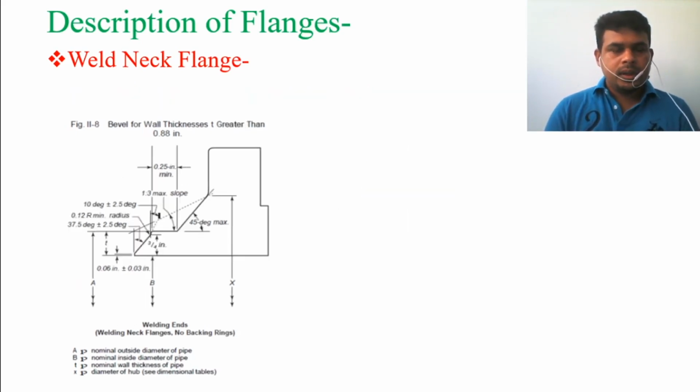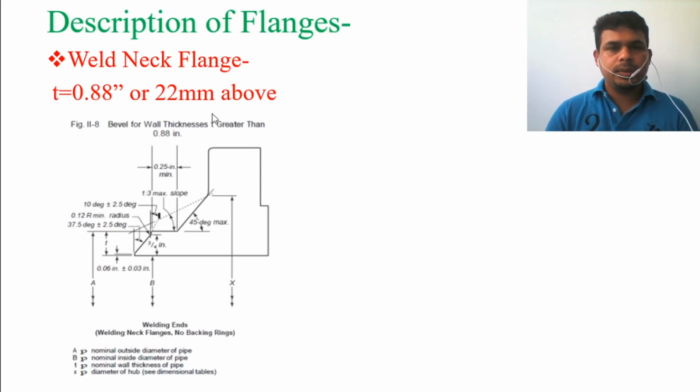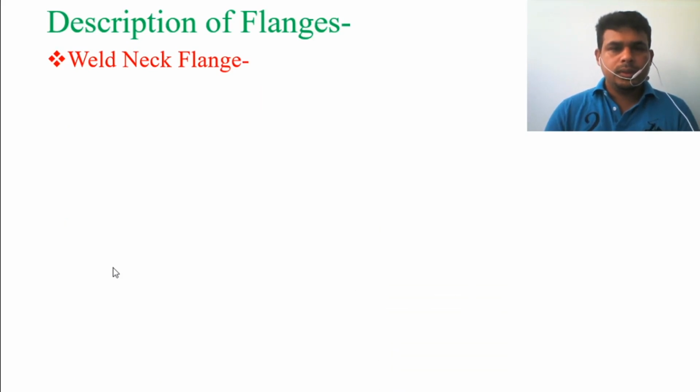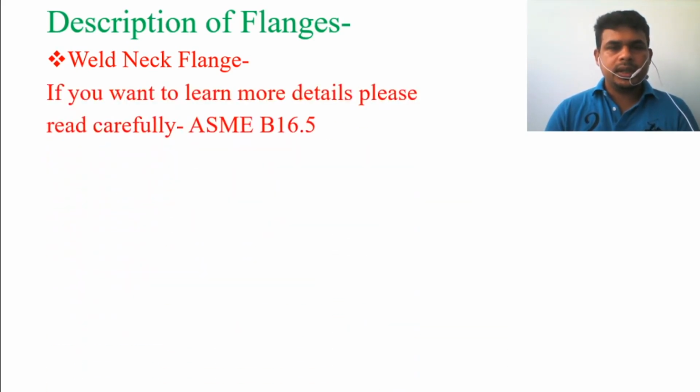If the wall thickness T is greater than 0.88 inches, that means above 22 mm, then you need to refer to the standard as well. This is basically the same as the previous description, so if you want to know more, you can visit ASME B16.5.